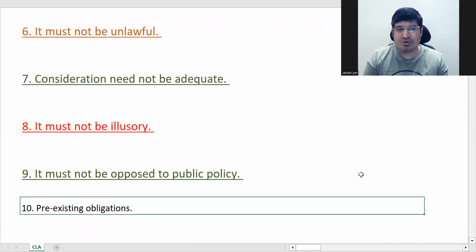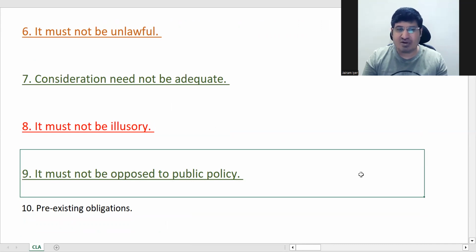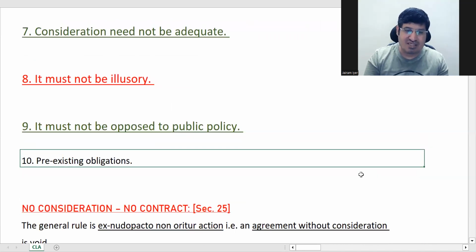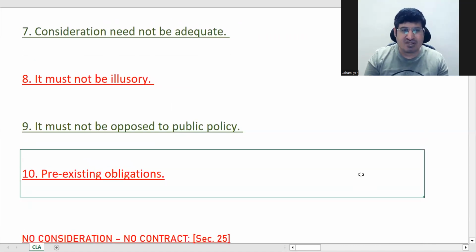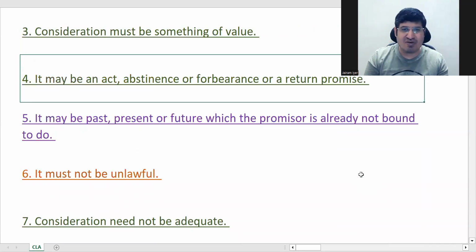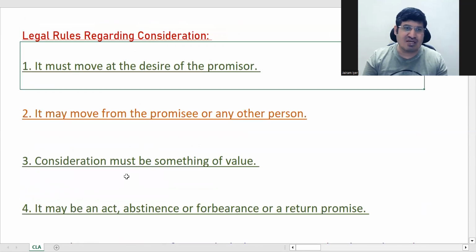It must not be opposed to public policy, which means it must not be illegal, right? Then pre-existing obligation. Pre-existing obligation is similar to what we have seen, not already bound to do so. So these are legal rules regarding consideration. Very simple, you can just remember it.